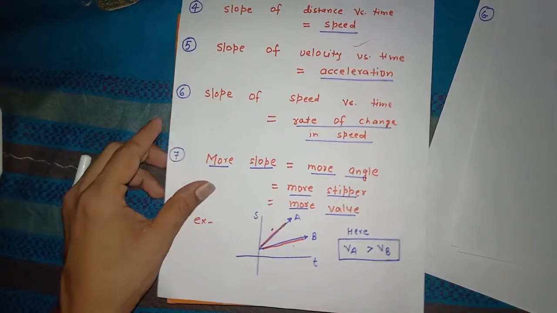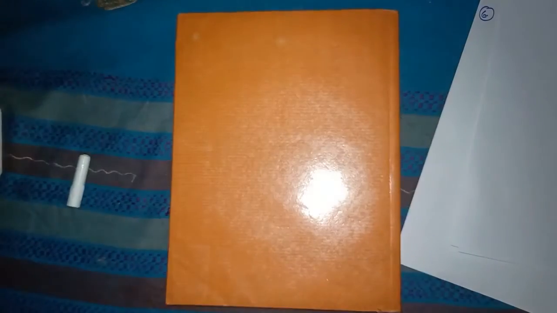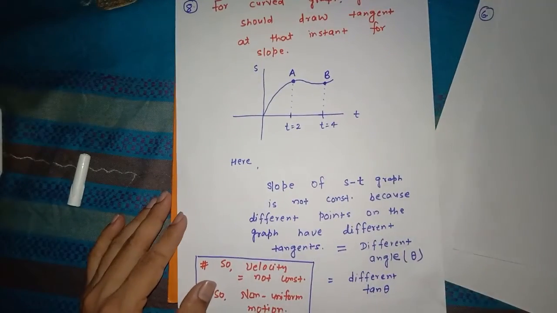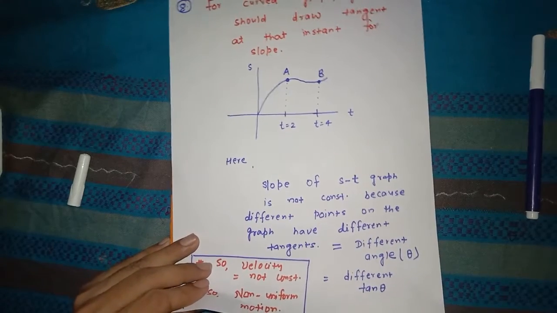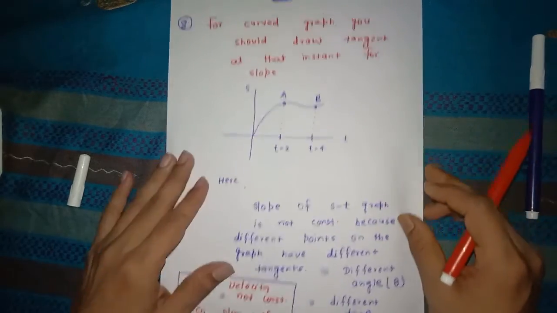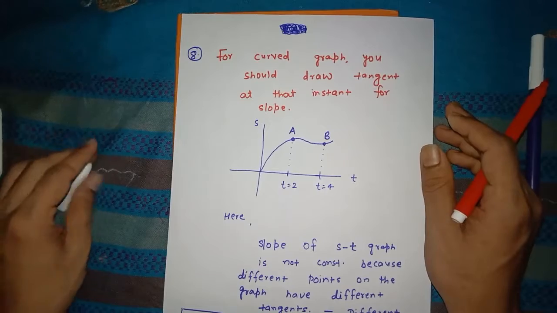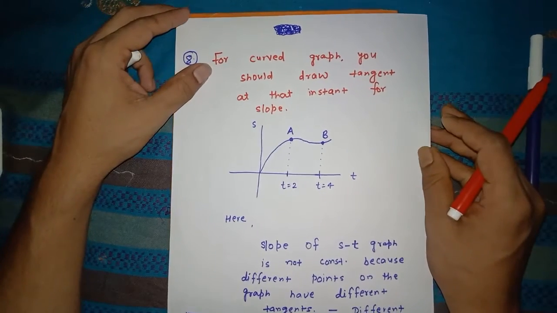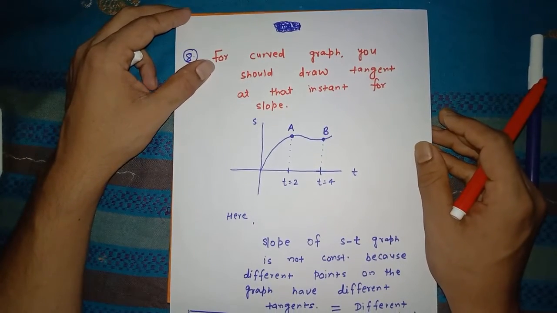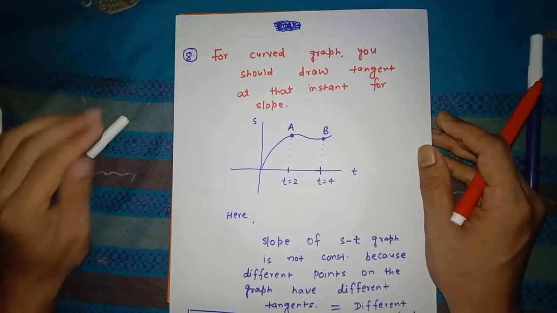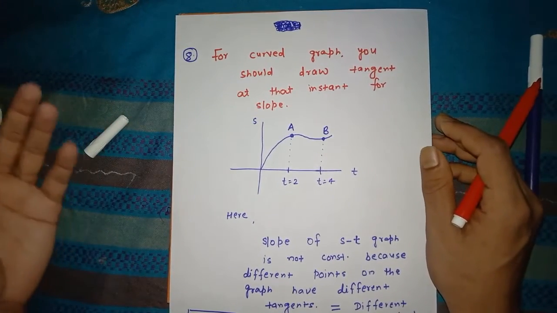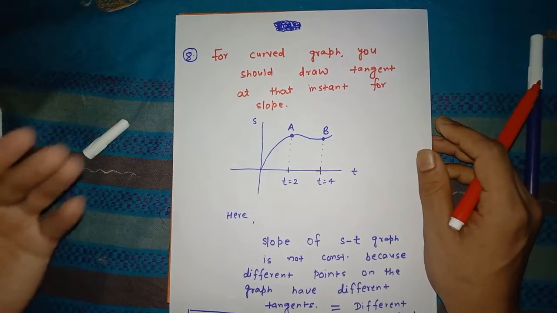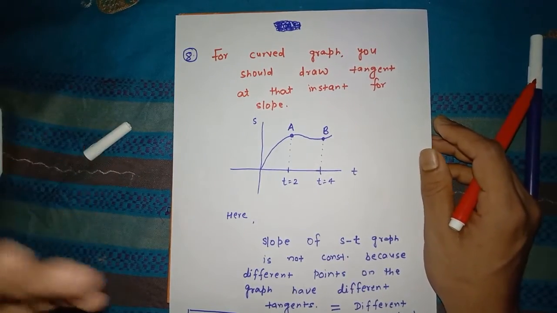Okay, now in a similar way, if you encounter a curve graph, you should draw a tangent at the instant for the slope. Actually, we are taking tan theta for slope. Tan theta means tangent of theta. We actually draw the tangent.